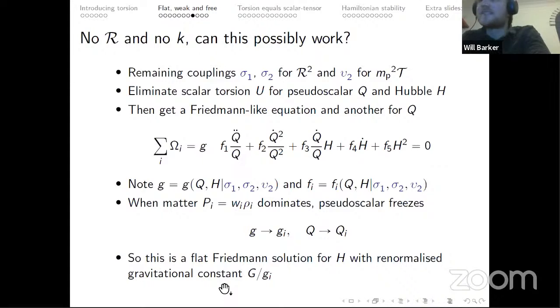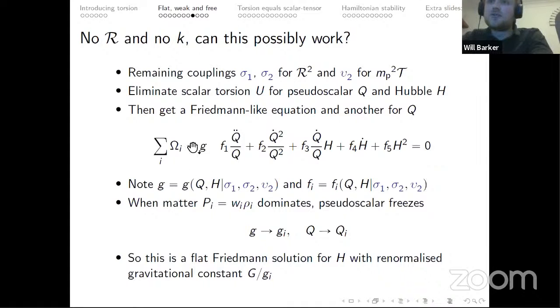But what you can notice is that if your cosmology has matter in it with a particular equation of state parameter, then basically this g function is going to go to a constant which depends on that equation of state parameter. And so if a particular source out of the various cosmological sources, matter, radiation, dark energy, if one of those is dominant, then this equation is going to go over to sum of cosmological densities is equal to a particular constant. So it's going to be a flat Friedmann evolution at that point.